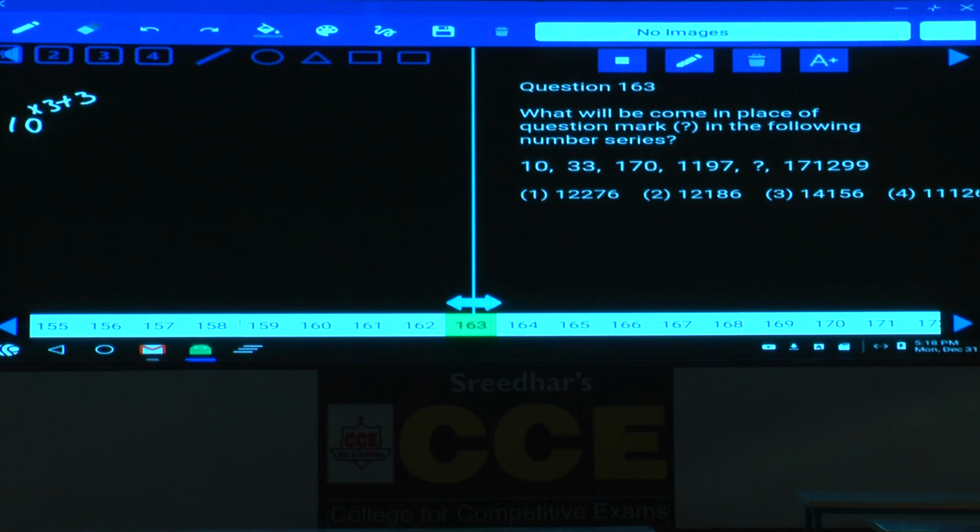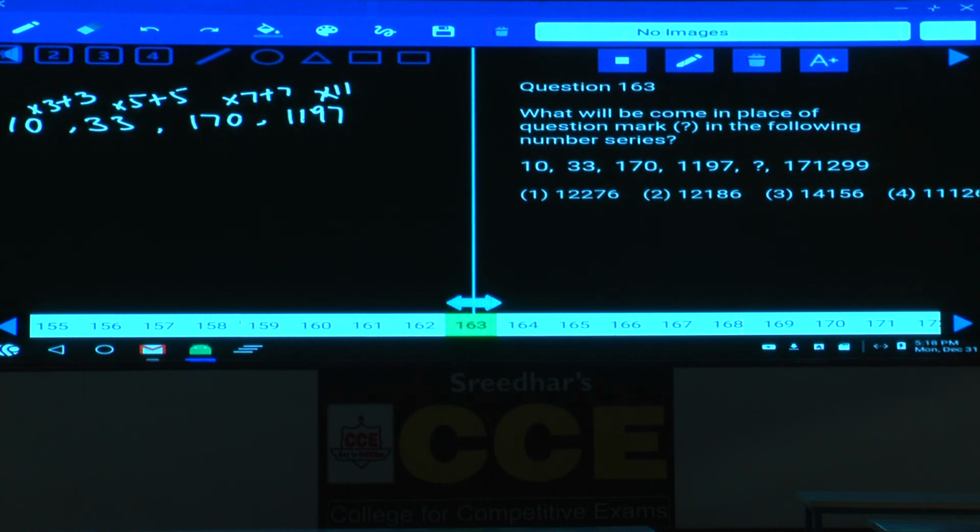Into 3 plus 3 is 33. Now 33 into 5 plus 5, that is 170. And 170 into 7 plus 7 is 1197. Next one, 1197 into 11.